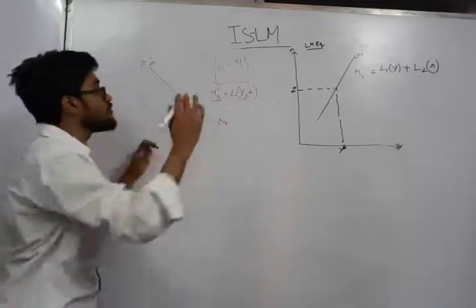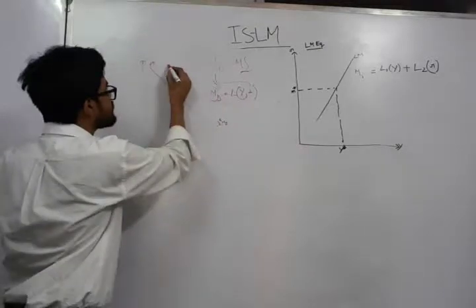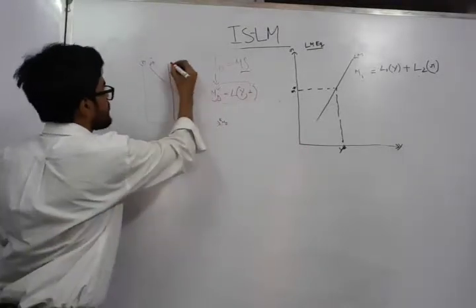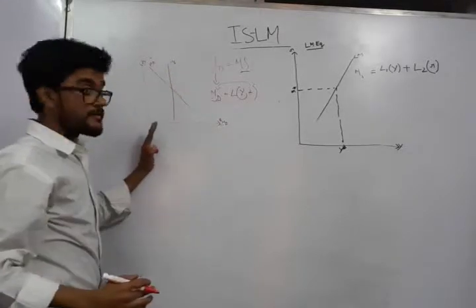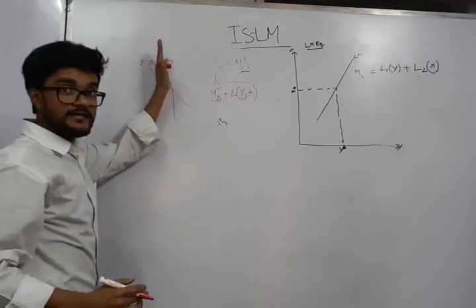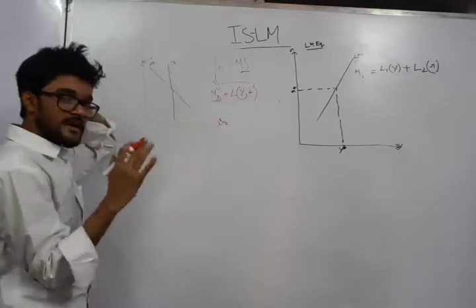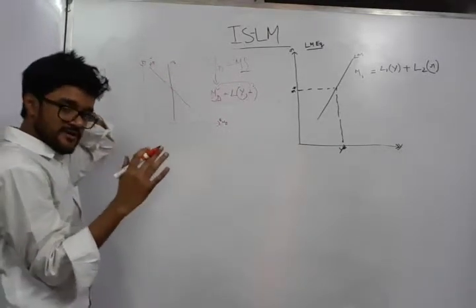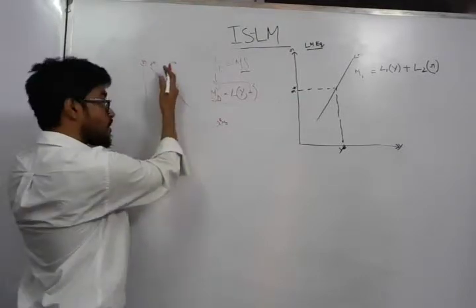Now we'll come to money supply. We have assumed money supply to be a vertical straight line, which eventually states that the money supply is fixed by the central bank. The central bank decides how much money supply there is, so it is always fixed.